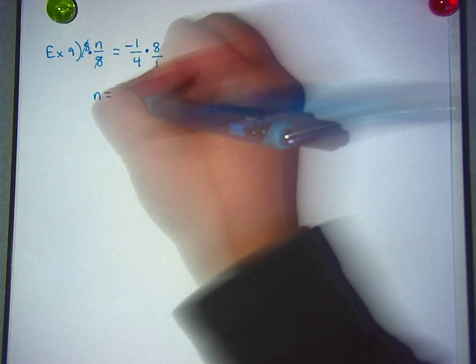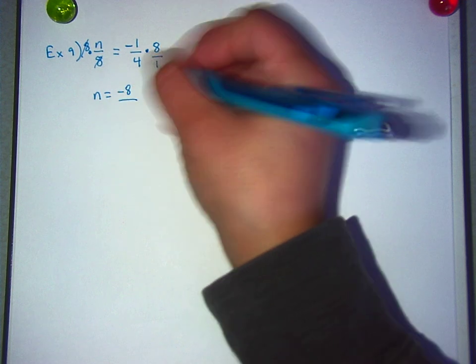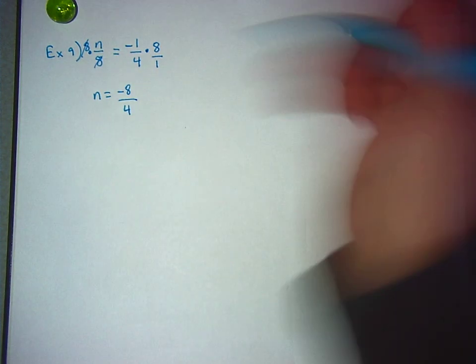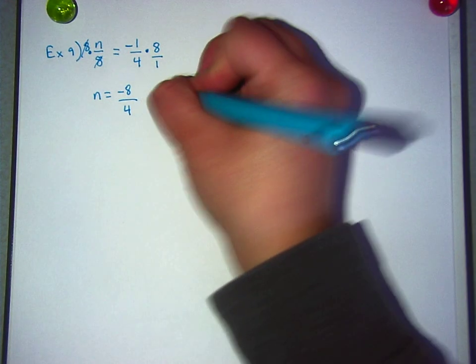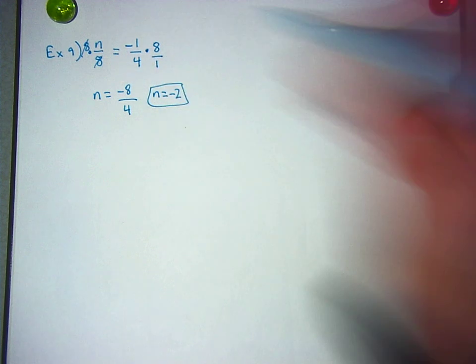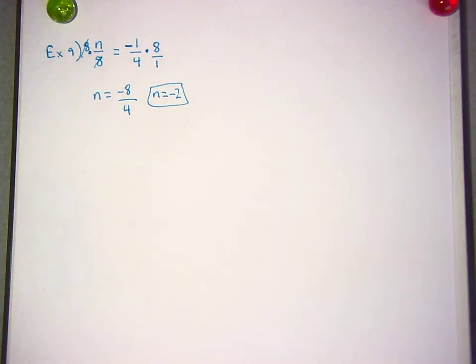So I get n equals, on the top is negative 1 times 8, which is negative 8. On the bottom is 4 times 1, which is 4. What's negative 8 divided by 4? Negative 2. Now, technically, you could have cross-canceled before you even multiplied, which would have worked. Negative 2 is what? Q is in quiet.